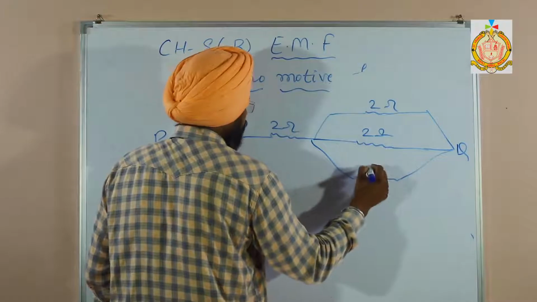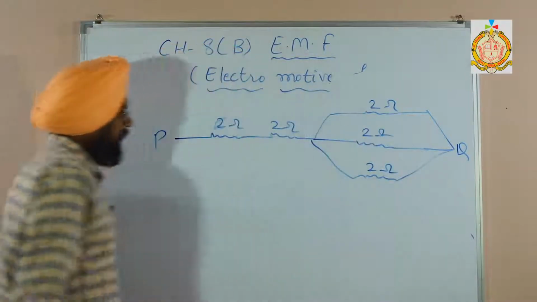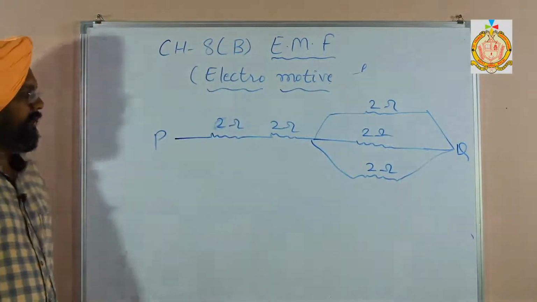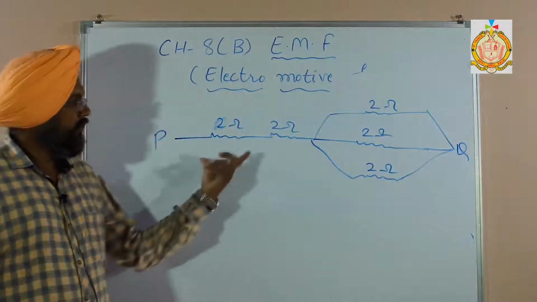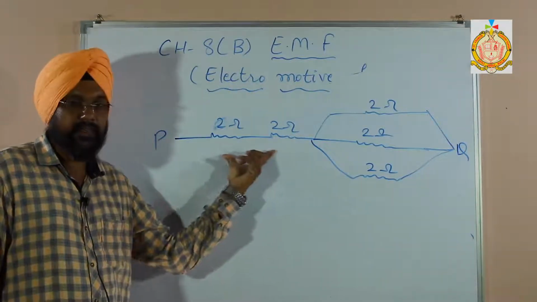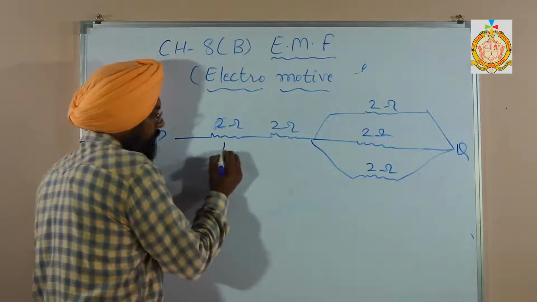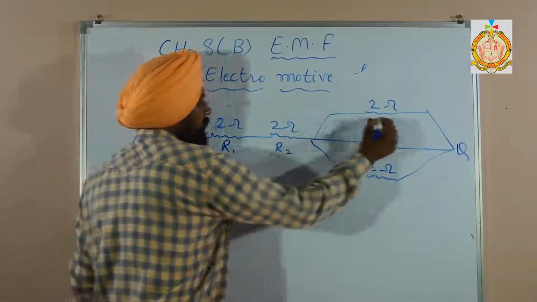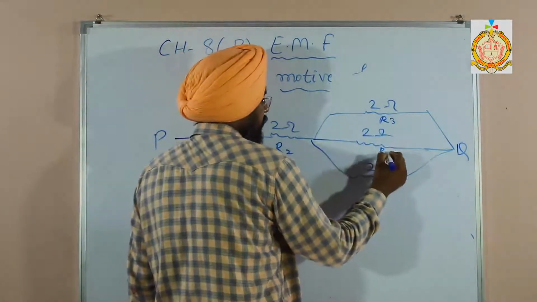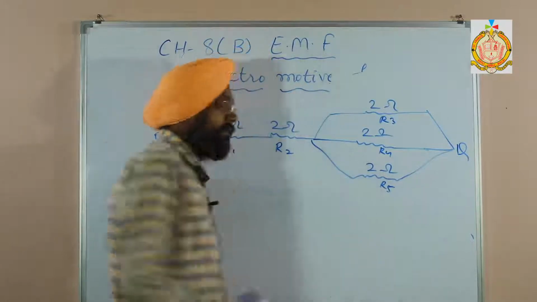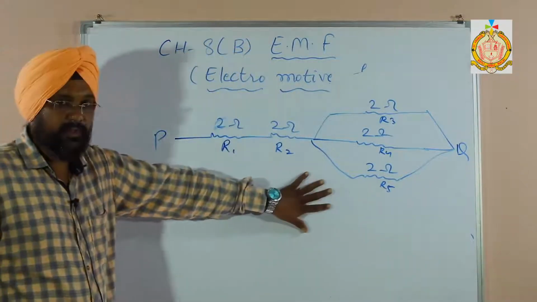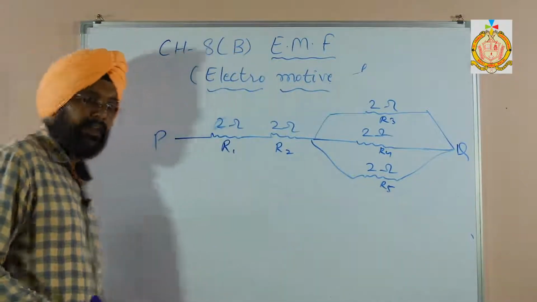It can be different also. First of all, you have to find the resistance in series. Give the names R1, R2, R3, R4, R5. Always give the names first, then start solving the numerical.